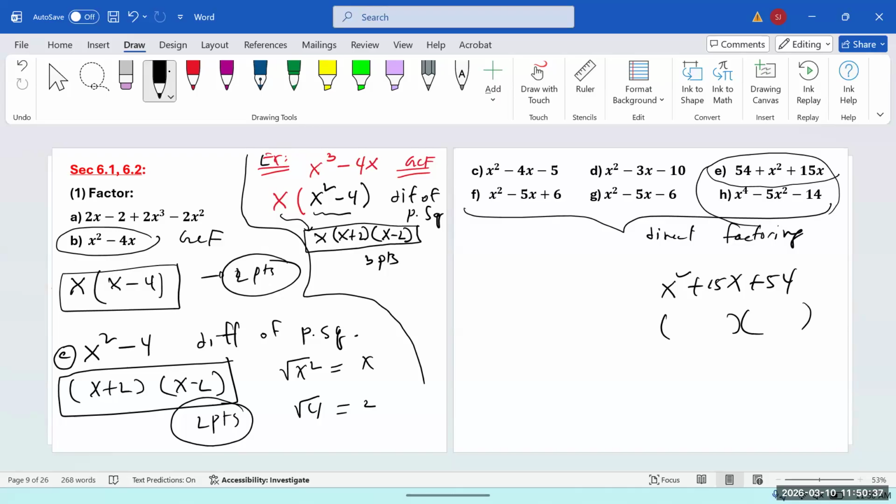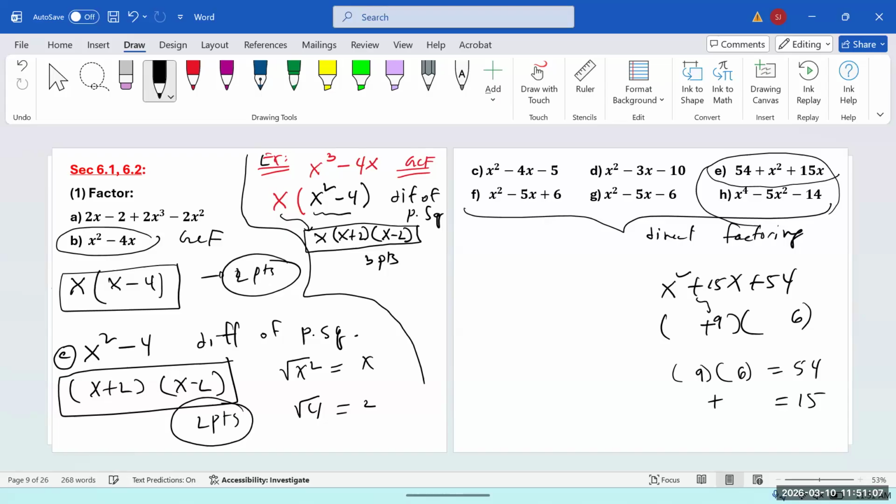Two numbers multiply to 54, add up to 15. So when you multiply them, the answer is positive 54. When you add them, the answer is 15. What two numbers can you come up with? 9 and 6. Now, if you're not sure about the sign, how to decide: the bigger number always gets the middle sign, always. So which one is bigger, 9 or 6?